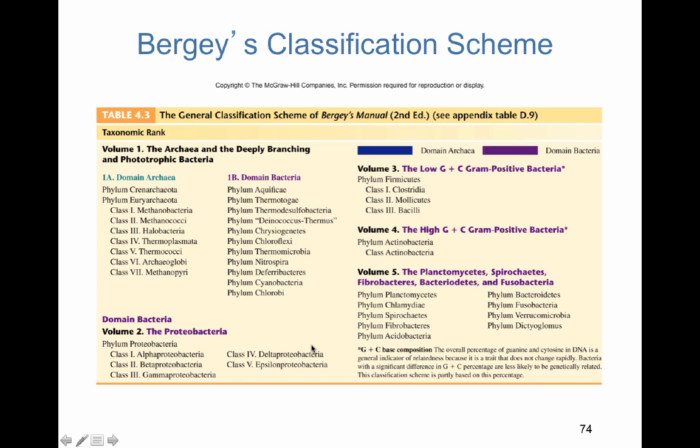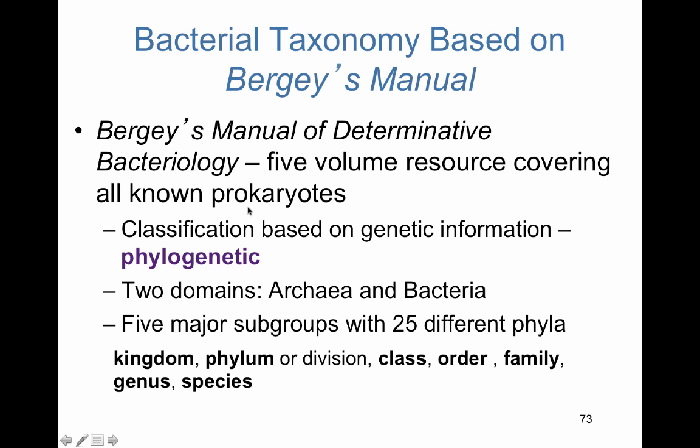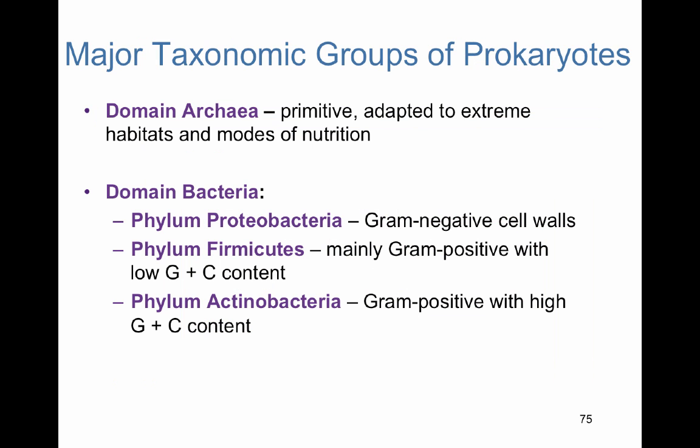All right, so the main thing just to know here and to remember is that the way that we classify prokaryotes is based on genetic information. It's based on the ribosomal RNA sequence. And prokaryotes are either in the domain Archaea, arcane for old ones, or Bacteria, which are one of these 3 phyla: Proteobacteria, Firmicutes, or Actinobacteria.